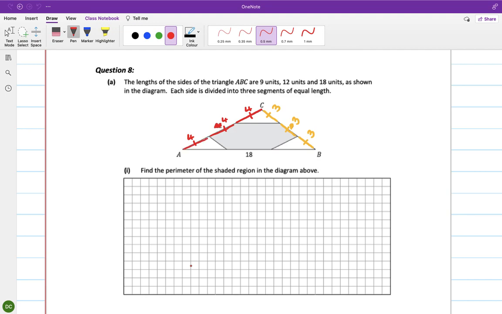And then down the bottom we have 6, 6, 6.